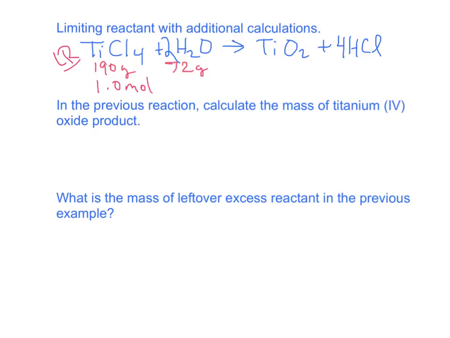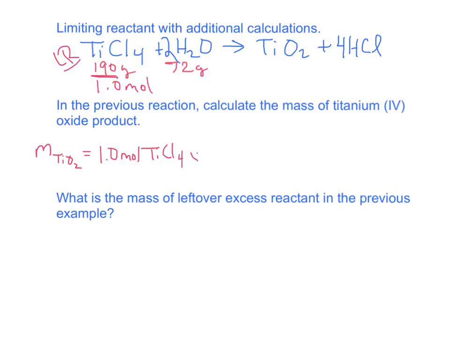So this is an example where we have to use this limiting quantity because that's going to drive the reaction. So if we want to know the mass of TiO2, we could start from the mass of titanium 4 chloride, but since we've already worked it out to moles, let's start from the 1.0 moles of TiCl4, because we already had that worked out previously.